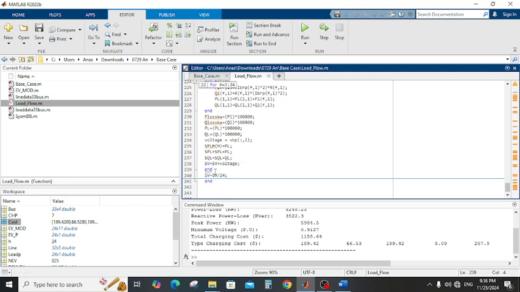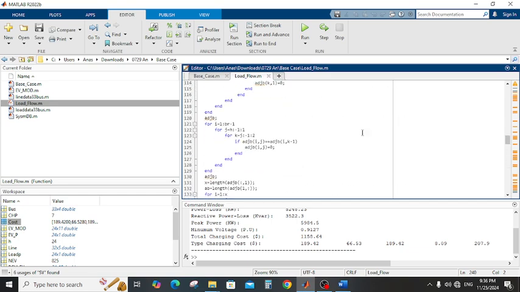After we finish this process for 24 hours, for the voltage to be meaningful, you need to calculate the average of that profile and the average voltage for our system.